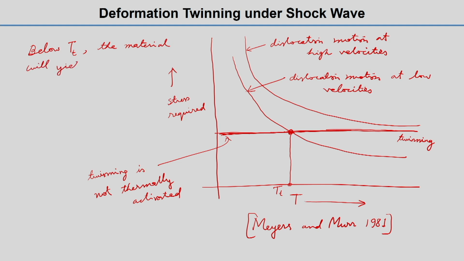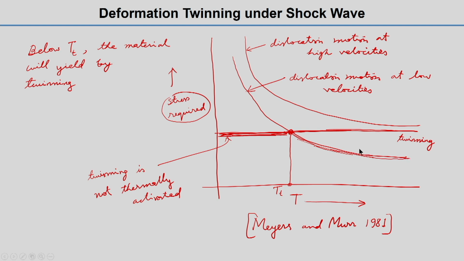And in this region you can see that the stress required will be less. Why are we saying that? Because the stress required will be less. So this portion you can see that this is less, but above T the slip can be favorable.